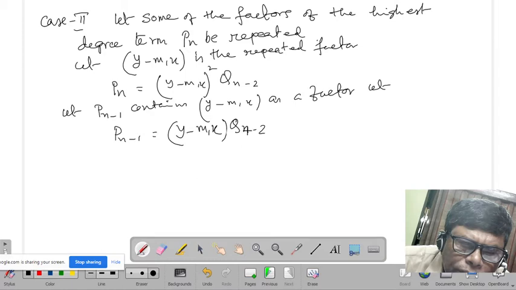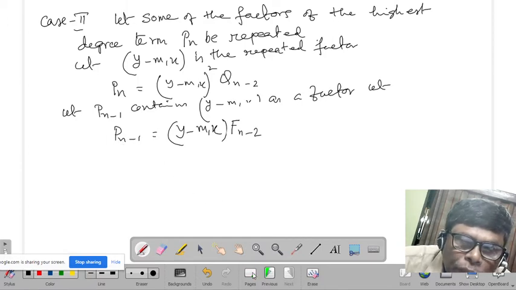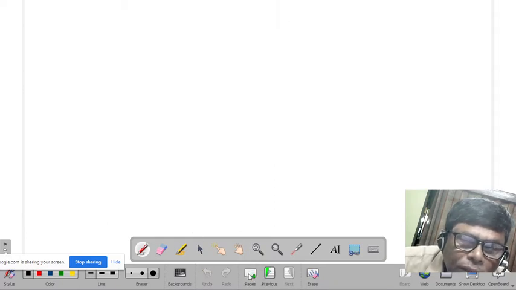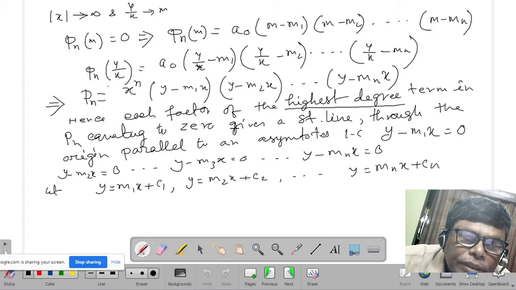You can write it qn minus 2, fn minus 2 also you can write, because Pn minus 1 is with, okay, I am showing you the previous pages also from where I have written it. Check it.